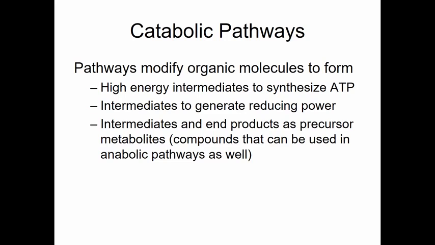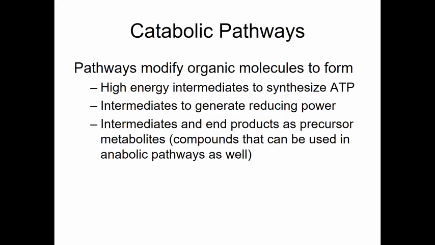If we generate reducing power, that equals the ability to make more ATP. That's oxidative phosphorylation. So our catabolic pathways are important because they not only directly produce ATP through substrate level phosphorylation, but they also allow us to make more ATP later through oxidative phosphorylation.